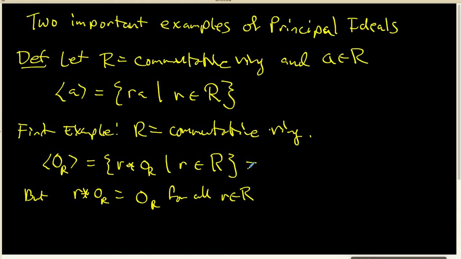And hence this set winds up just containing the 0 element. And so the principal ideal generated by 0 is always going to be the 0 ideal.